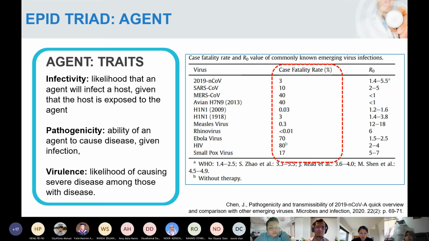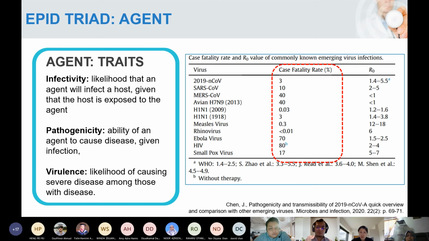The infectivity, example, varicella zoster virus, infectivity is high, pathogenicity is high, virulence is low. Okay, it's quite self-limiting. So it's the trait of the agent. Same goes for our current pandemic now.